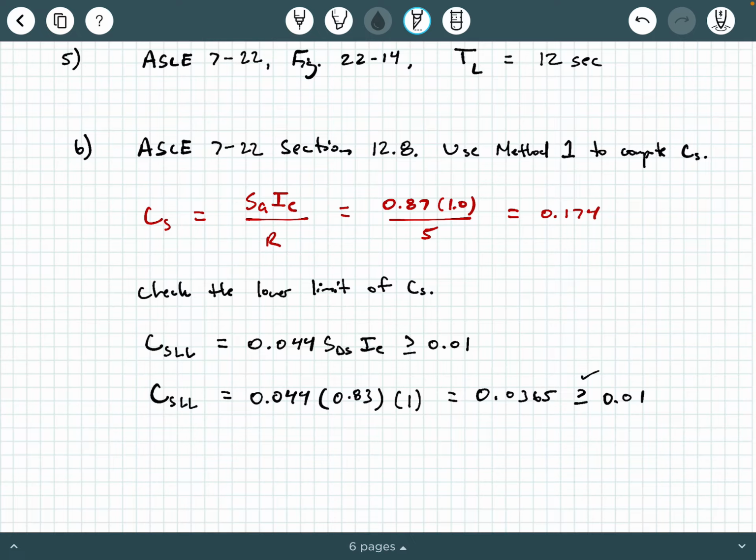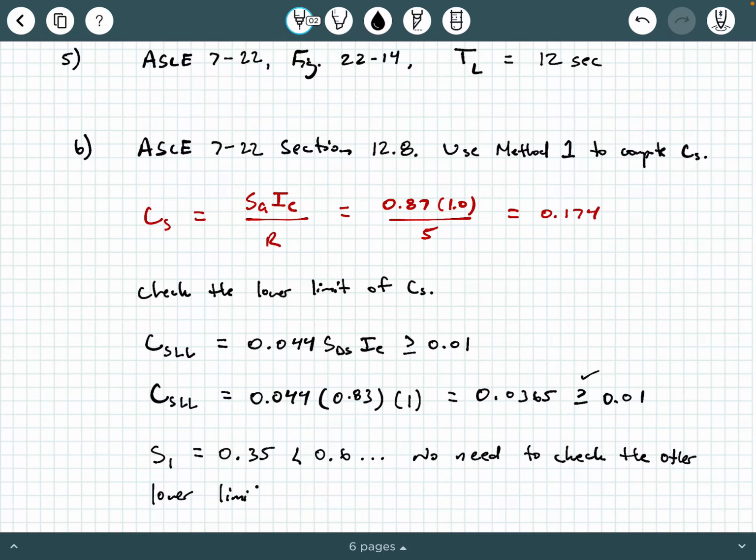Now, ASCE 7-22 says, in addition, if you have a structure located where S1 is equal to or greater than 0.6, you have an additional lower limit you have to consider, okay? So in our case, S1 was given to us by the hazard tool as 0.35, which is less than 0.6. So I'm going to say no need to check the other lower limit.